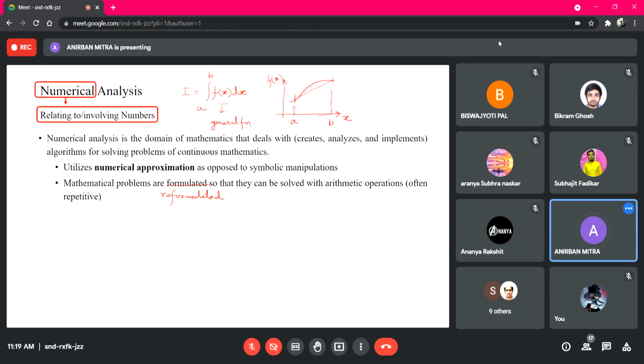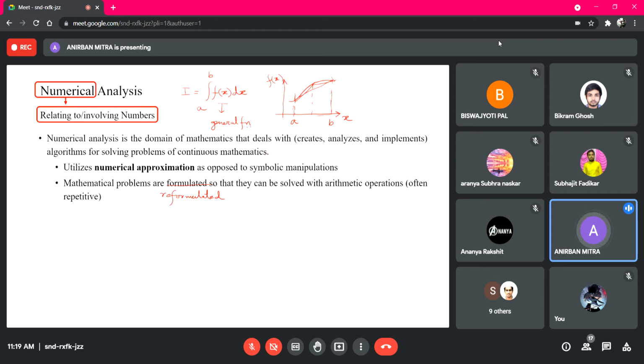I can break up this interval into two and make two trapezoids. Now you can calculate in the same way the area of these two trapeziums and add them up. So that would be a better approximation.